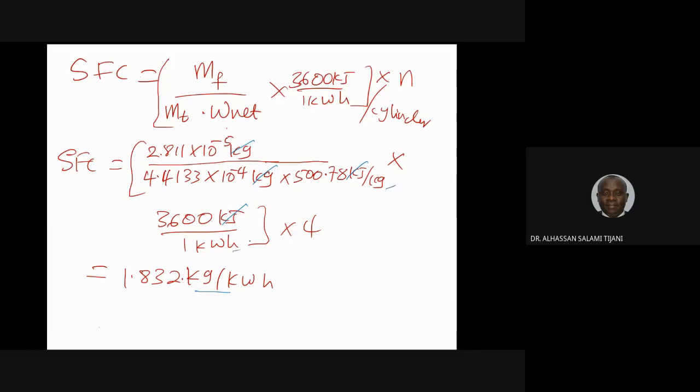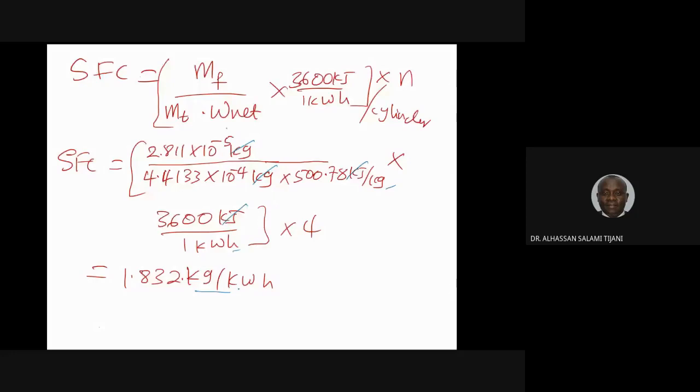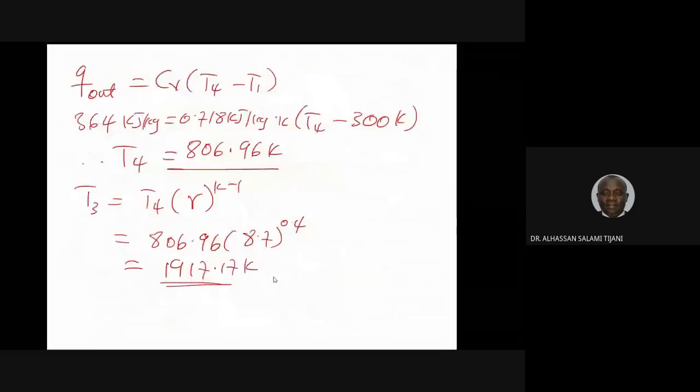So that's why we have kilogram per kilowatt hour. So this is the specific fuel consumption for this particular question. Okay, is there any question so far? I think we have exhausted this question. I'll move on to the next question.